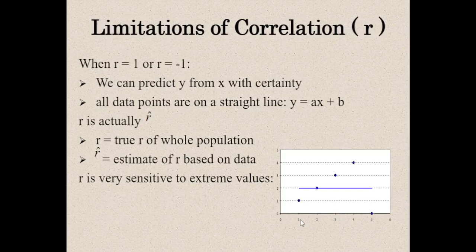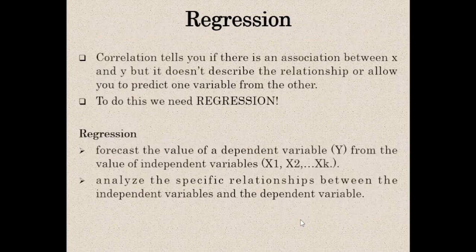Now to simplify that, with R, that is with the correlation, the problem was that association was possible, but based on that relationship between the x and y parameters, we were not able to predict one variable from the other.